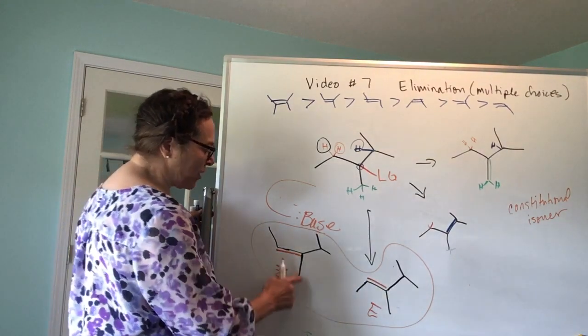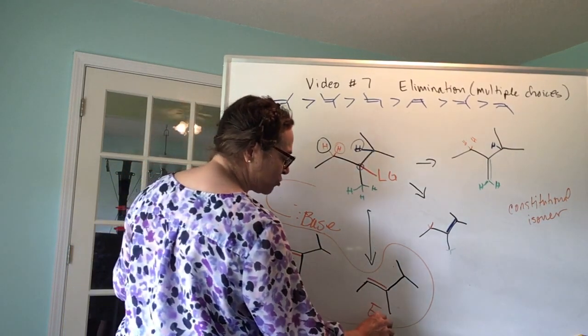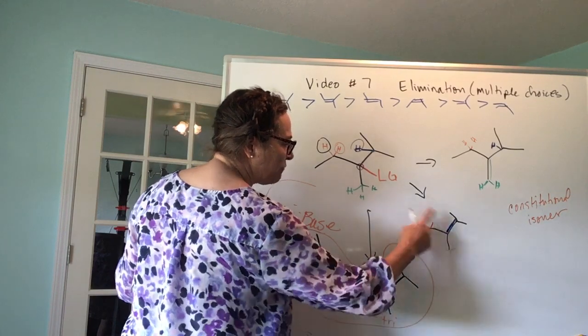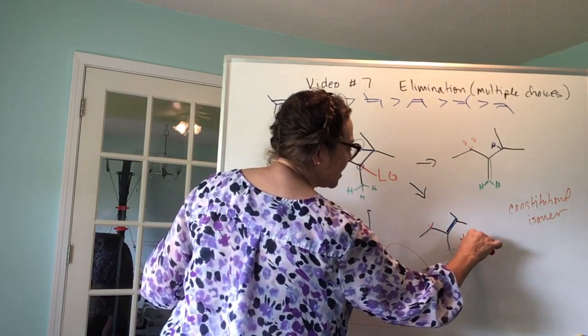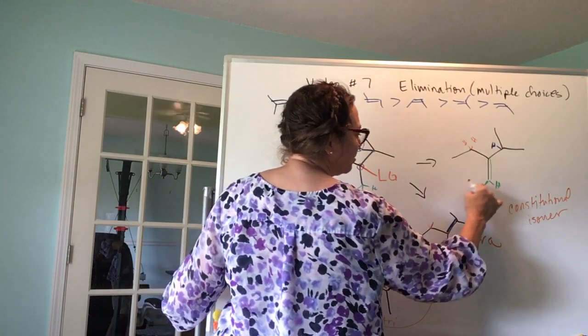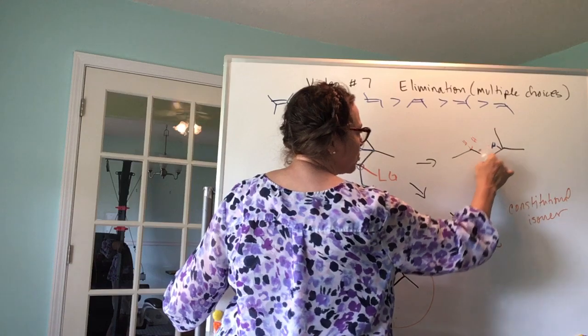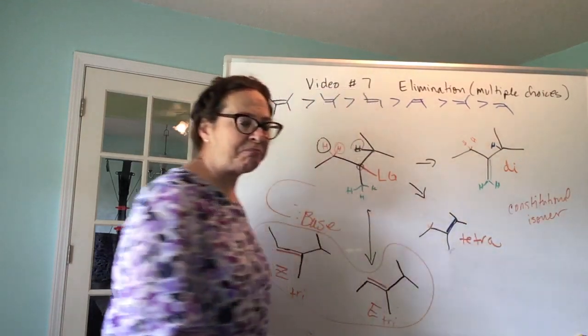So if I look at this one, this is tri-substituted. If I look at this one, this is tri-substituted. If I look at this one, 1, 2, 3, 4, this is tetra-substituted. And this is, hydrogens are not part of the substitution, but here are 2 carbons, so this is di-substituted.